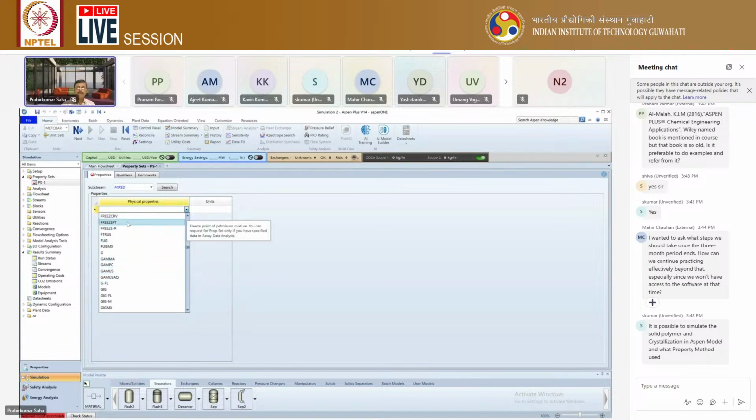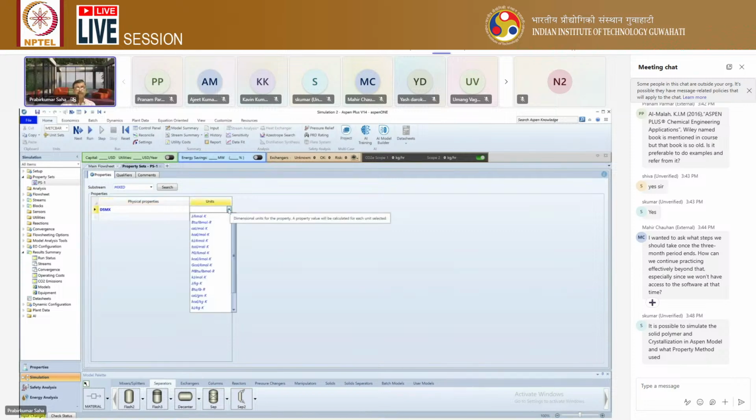Freezing point. Freezing point of a petroleum mixture. Freezing point, this is for a pure component. This is entropy departure of a mixture. Suppose you take this one, entropy departure for a mixture. Okay. The unit you can choose, as per your wish.